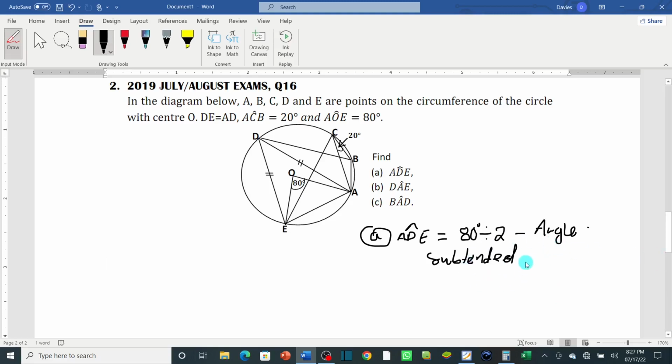So angle subtended at the center is twice the angle subtended at the circumference at the same arc. Something like that. That's the reason you are supposed to give, rather than me writing here. You have seen I'm struggling to do that.